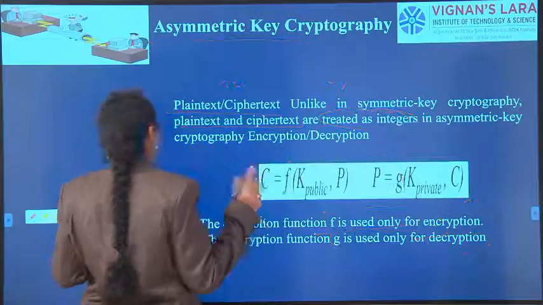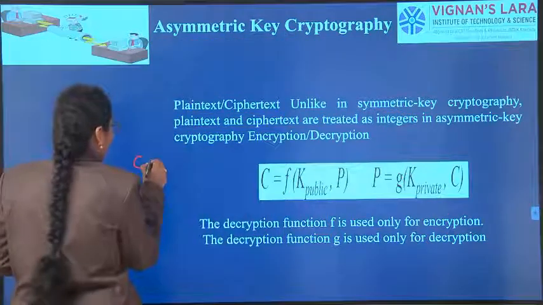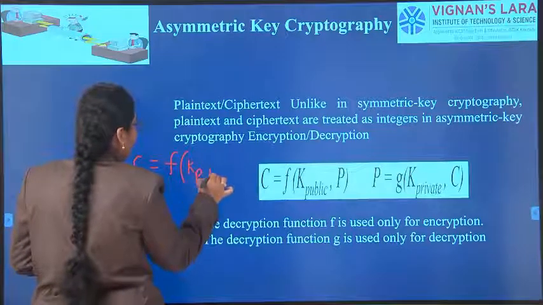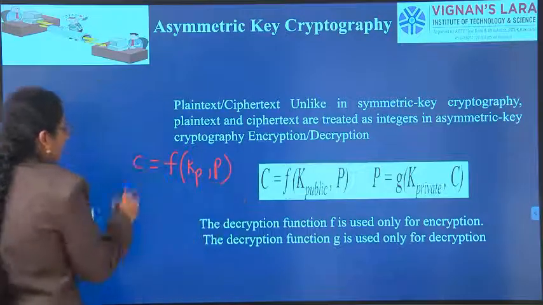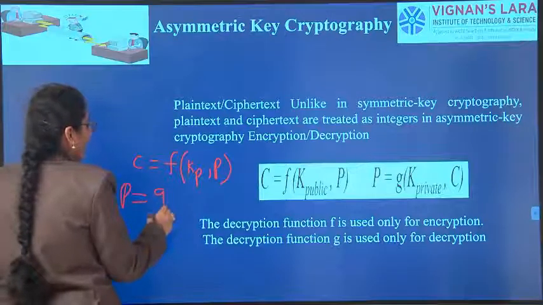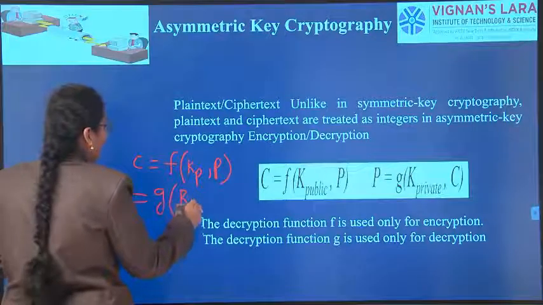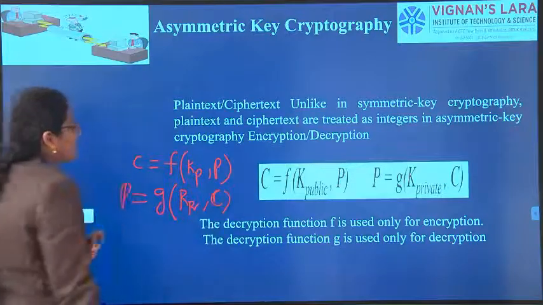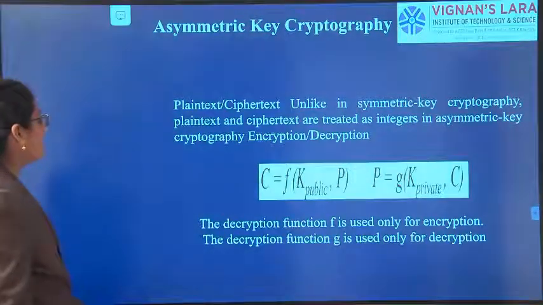So see the formula: ciphertext equals function of public key, plain text. Plain text equals function of private key, ciphertext. From where did we get these formulas?